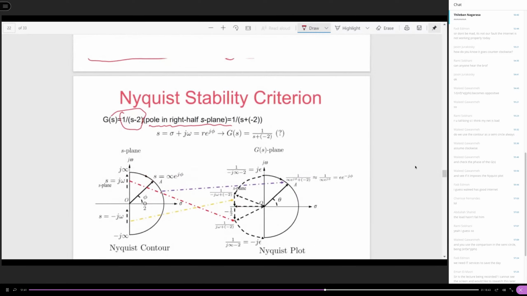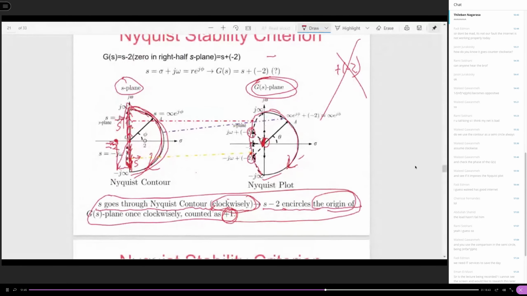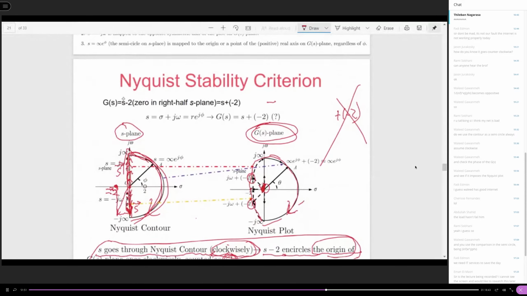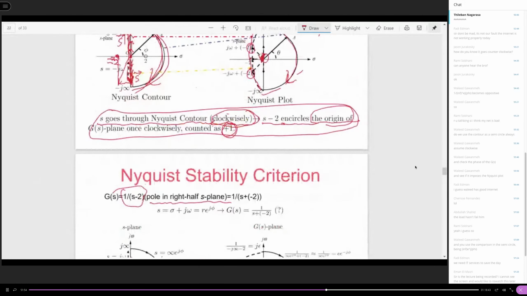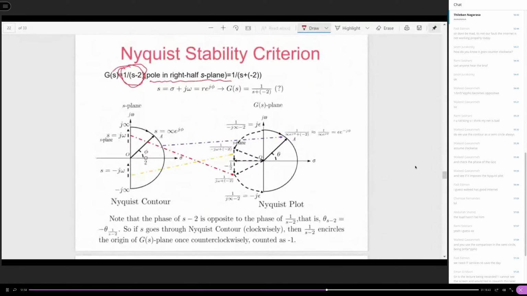Why did I put a pole and a zero together? Because the biggest difference between a pole and a zero is its phase, because the zero is in the numerator and the pole is in the denominator. You don't need me to tell you the detail.